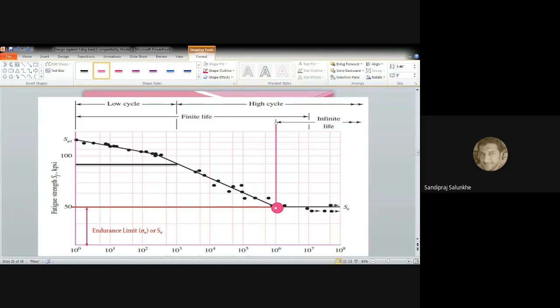If there is any doubt related to the endurance limit and S-N curve, then finite number of cycles, infinite number of cycles, or you can note down your doubts and you can ask it tomorrow also. Or if right now you have any doubt, you are free to ask.